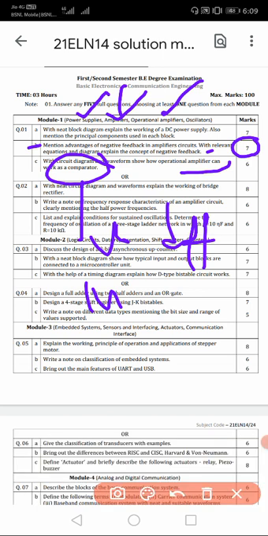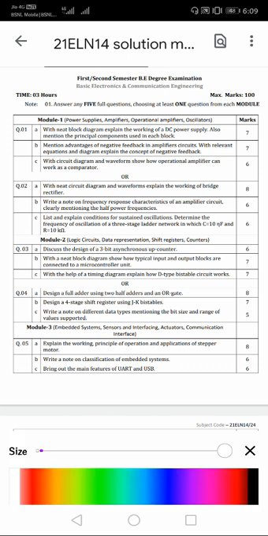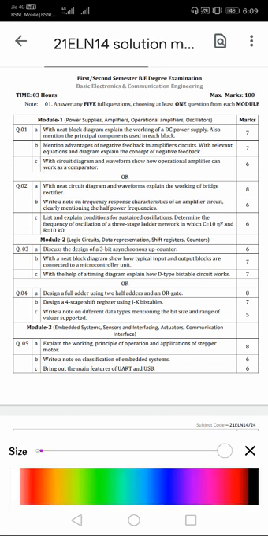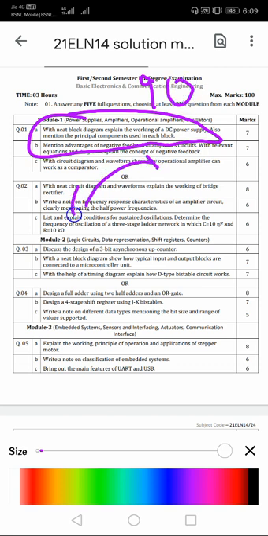We have n number of options, so I will not say this exact question will come. Instead they may give applications: inverting, non-inverting, integrator, differentiator, but any one will come, that is for sure. You can guess the question like this. These two, the probability of getting them in the main question paper is almost 90%, and not exactly this one, but a similar question you will get in the C part.